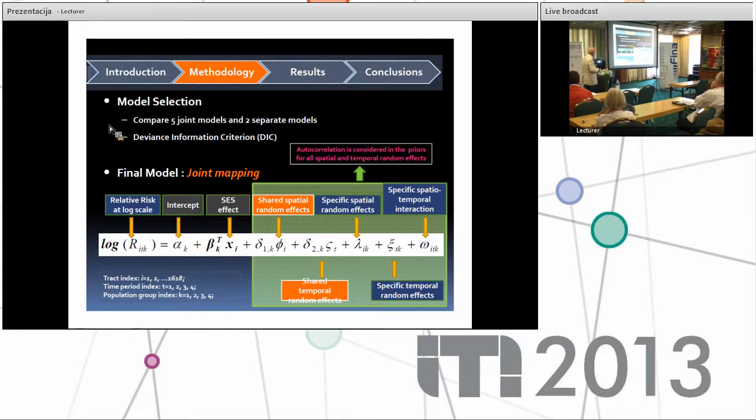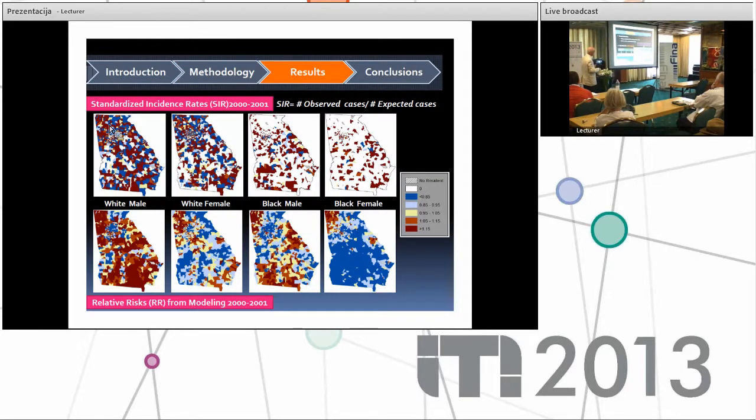And so he used the census tracts. There were 1,618 census tracts, and he also wanted to look at the time period. And so this was used to, again, model the standardized incidence rates and how they may be related to space and time.